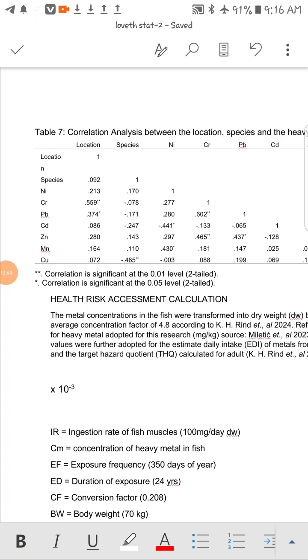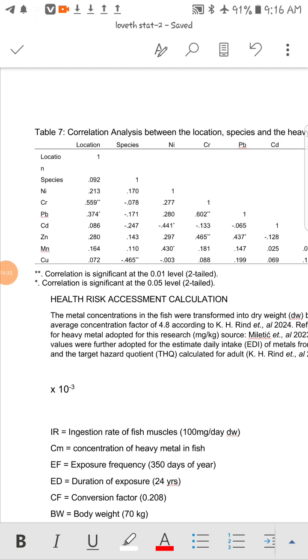From 0.3 downward is a weak correlation. Then 0.3 to 0.7 is a moderate or medium correlation. And 0.7 to 1 is a high or strong correlation. So how I know that this is a weak correlation is because it's 0.092. So it's a weak correlation.